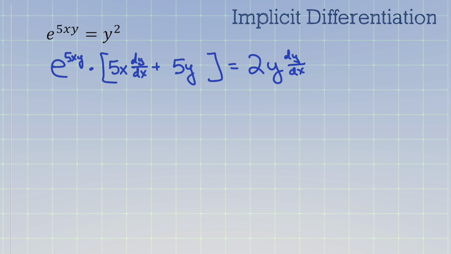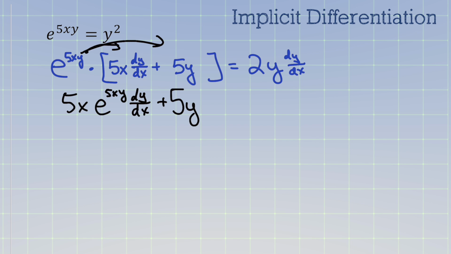Now the only way we can isolate those two dy dx terms is to do the distributive property on the left side, and carefully rewrite it. So here we go, 5x e to the 5xy power dy dx on that first arrow, and then the second arrow would be 5y e to the 5xy power again.